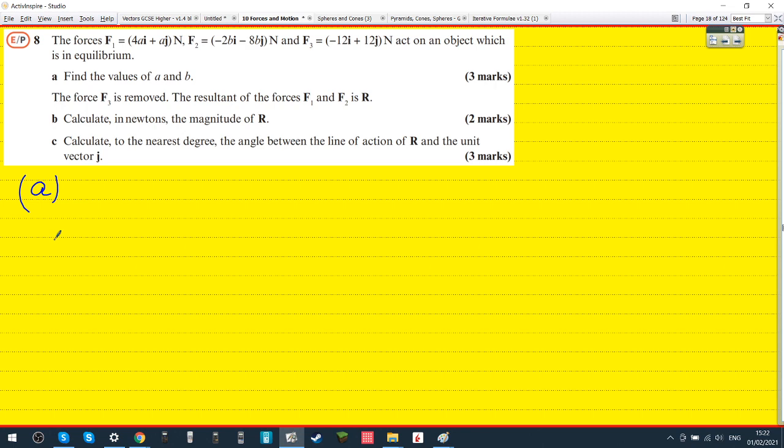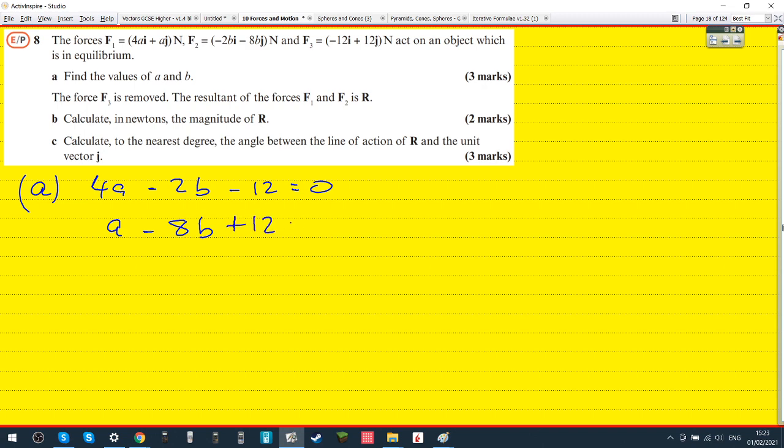Okay, so are we now going to do 4a minus 2b minus 12 equals 0? Mm-hmm. And then we're going to do a minus 8b plus 12 equals 0.